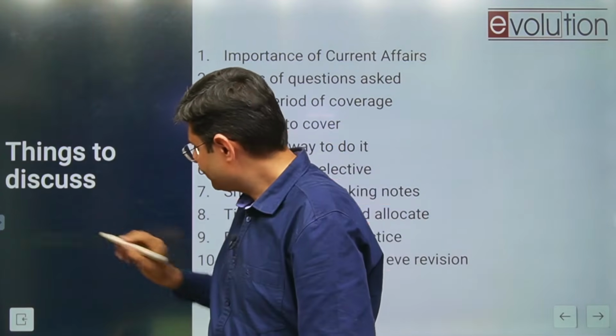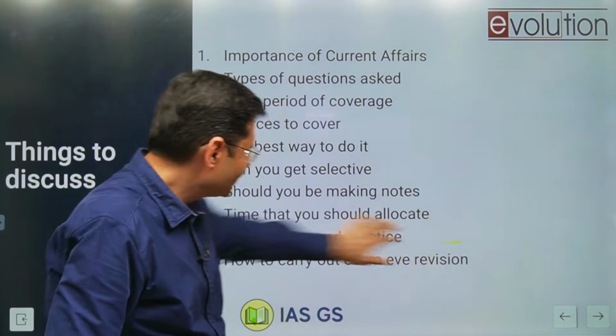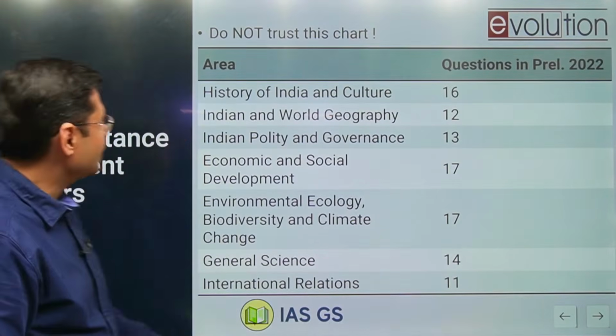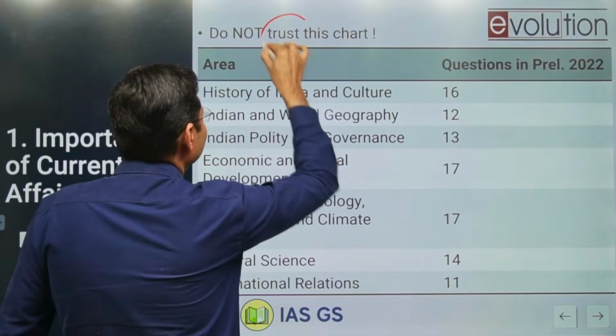Let's start now, and let us first see the importance of current affairs. So there is a chart, and what is it that I am saying? Do not trust this chart. Why?